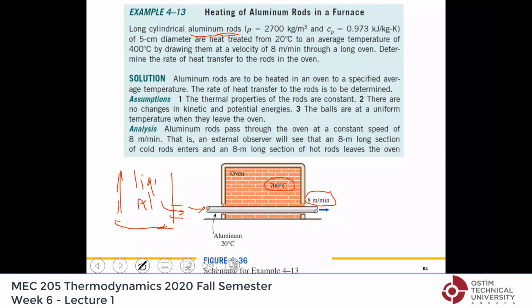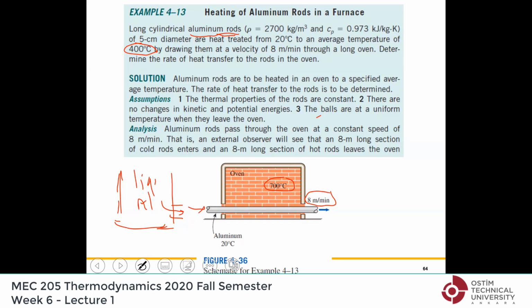It is a reverse process. You have this long aluminum rod at room temperature, and you want to heat it to 400 degrees. But you feed it continually. It can be a long one, or simply when one ends, you simply start the other rod there.